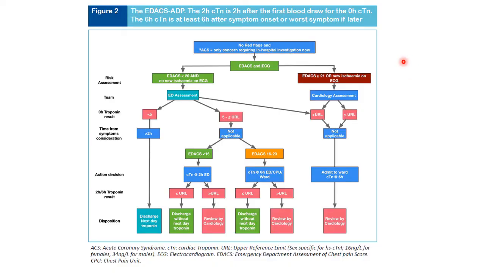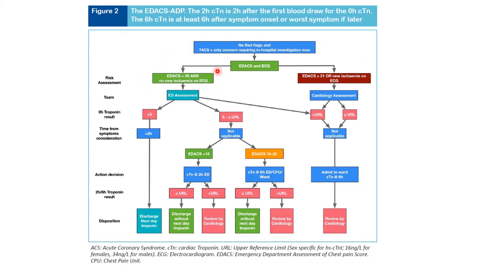So this is our pathway as it evolved over several years, incorporating EDACS and ECG. So if patients present with suspected acute coronary syndrome and there are no red flags, for EDACS greater than 21 or new ischemia on ECG, they undergo cardiology assessment and admission.